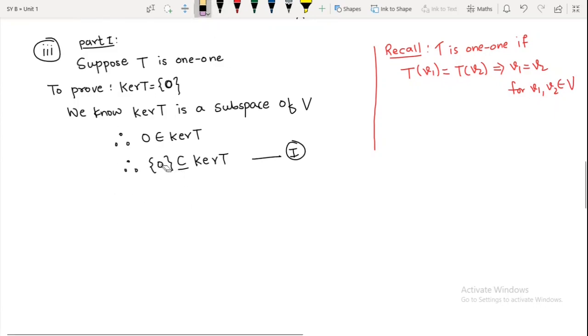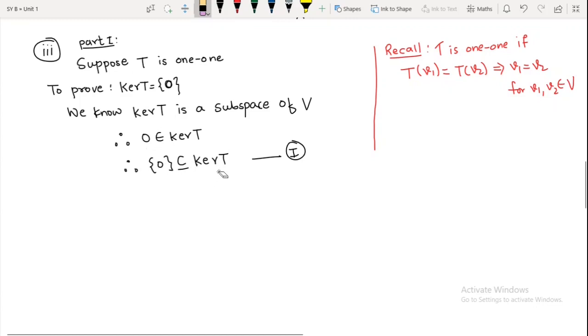See, why is the singleton 0 a subset of kernel of T? Because every element of this set is present in kernel of T. How? Because this set contains only one element, which is that 0, and just now in the step before this we have shown that 0 belongs to kernel of T. So therefore this is happening.